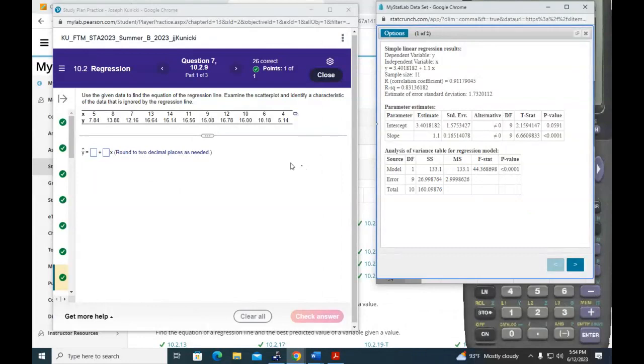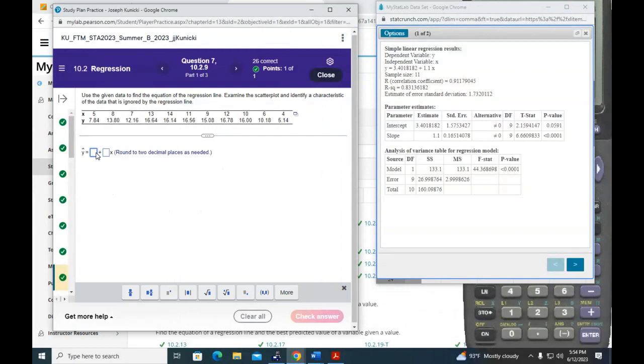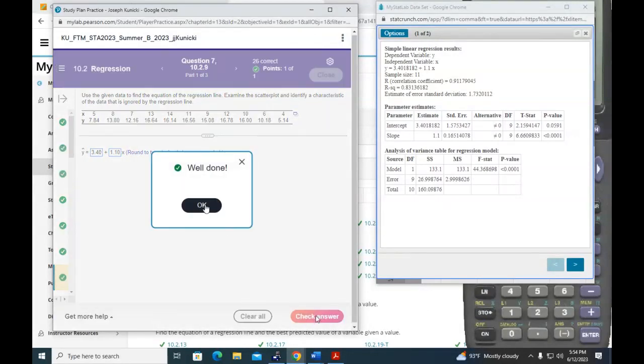That means for both of them. So you see here, they don't put Y hat. I gotta warn you, they don't write Y hat, but it is a Y hat. So it's 3.40, and X the coefficient, 1.1. If you want to put a 0, we can, just 2 decimal places, doesn't matter.